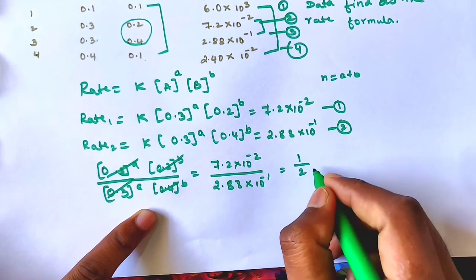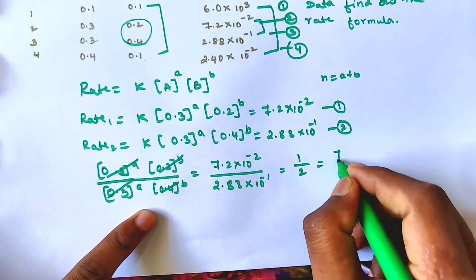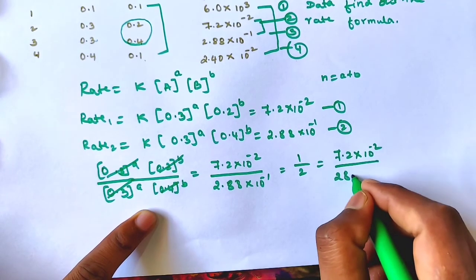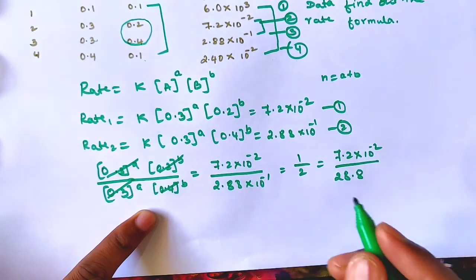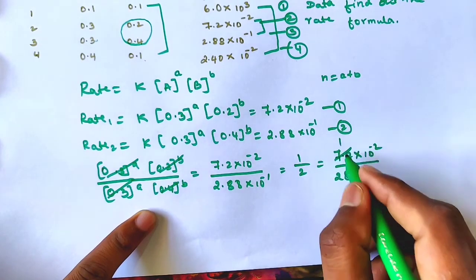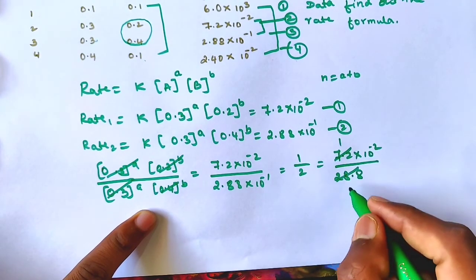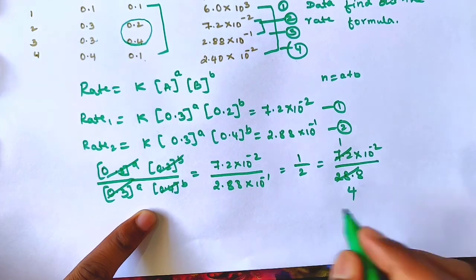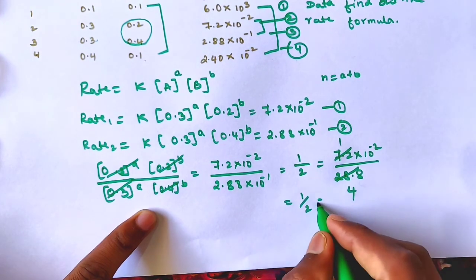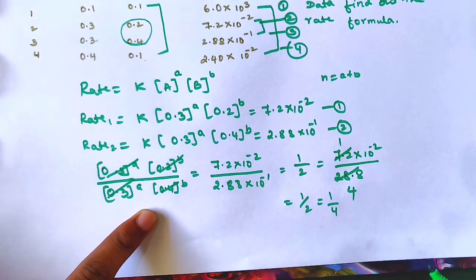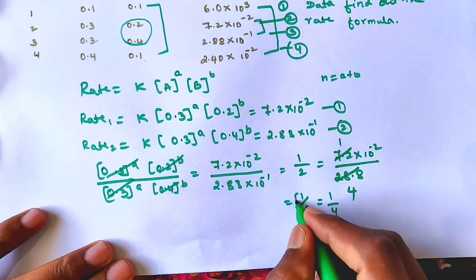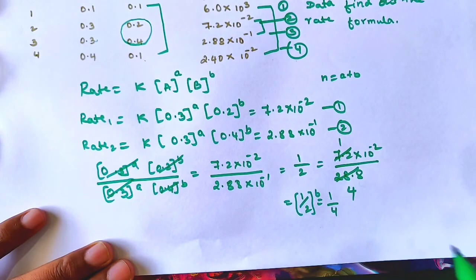If you shift the point, you can write this as 1 by 2, that is equal to 7.2 into 10 to the power of minus 2 upon 28.8. Because minus 1 is there, you can shift the point. 7.2 1s are, 7.2 4s are. So this will be 1 by 4, that is equal to 1 by 4, and to the whole power b we can write.